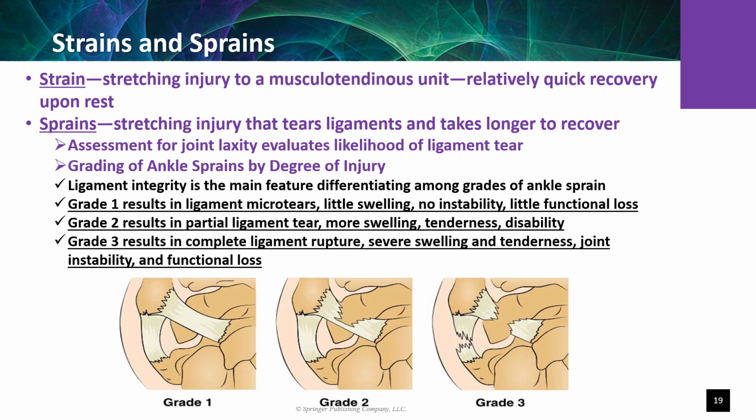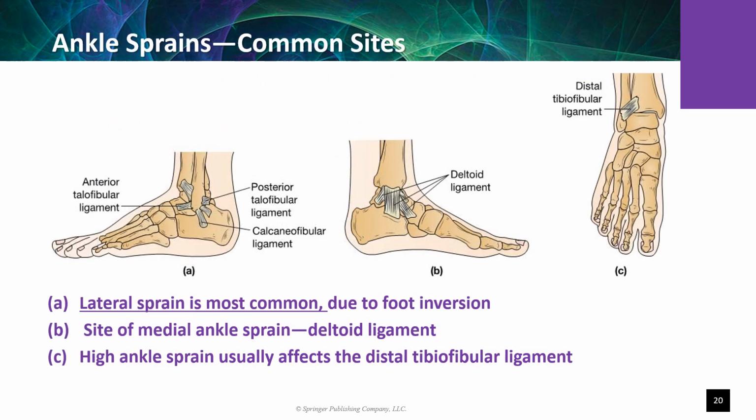In grade 3, the ligaments are completely torn. Sites of ankle sprains and the ligaments that are involved. A is a lateral ankle sprain, and this is the most common form of ankle sprain.